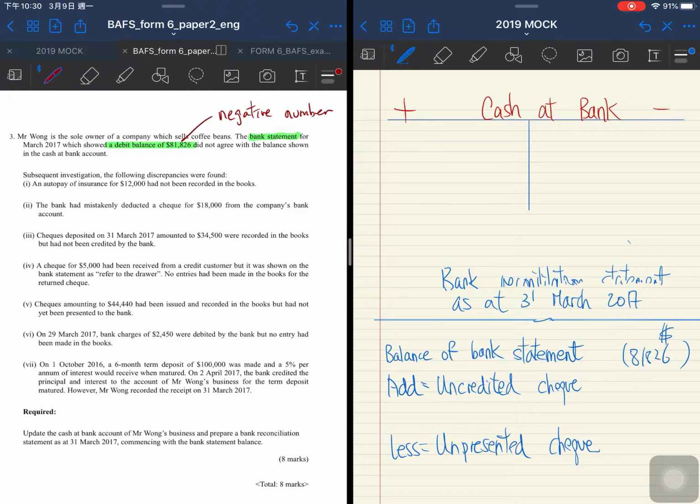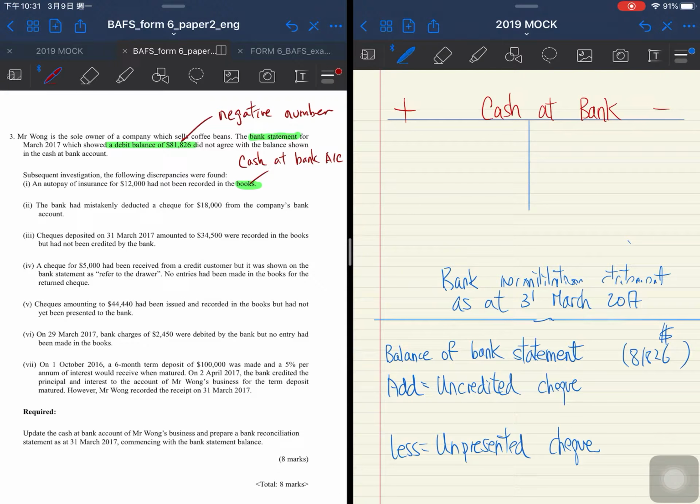So let's see. For adjustment 1, autopay of insurance of 12,000 had not been recorded in the books. And here the books refers to our cash at bank account. So the first adjustment should be related to cash at bank. We will do it later. Second, the bank had mistakenly deducted a cheque for 18,000 from the company bank account.